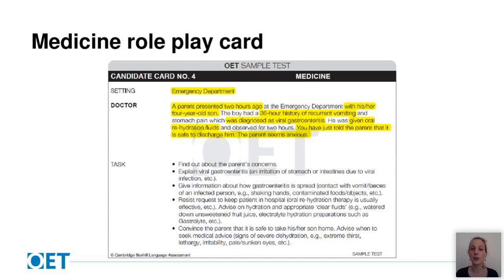The boy was diagnosed with viral gastroenteritis, and he has been given oral rehydration fluids. You've just told the parent that it's safe to discharge their son, but the parent seems anxious.